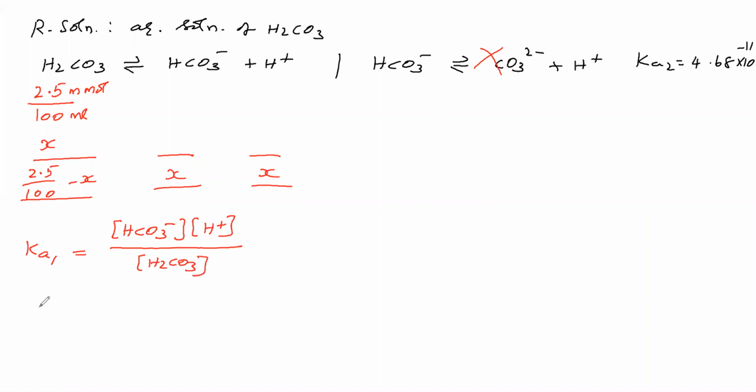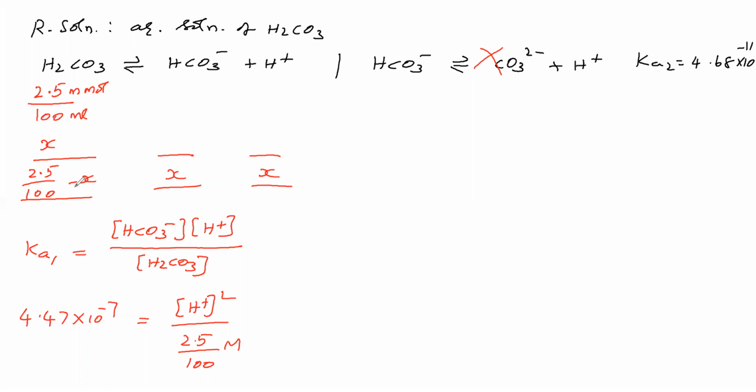Now Ka1 is 4.47 into 10 to the power of minus 7. Now these two are equal, therefore we can say H plus square. Here we can neglect x because the equilibrium constant is 10 power minus 7. So we can say 2.5 by 100 molar. So the carbonic acid equilibrium concentration we have written as 2.5 by 100.